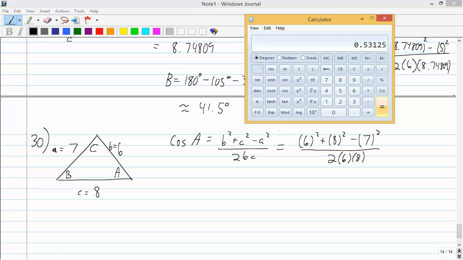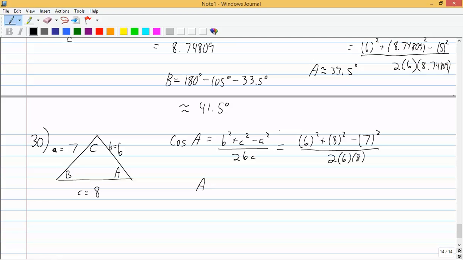And that's what the cosine of A is equal to. So to get the actual angle measure, you say inverse cosine. And if we round that to one place, that's 57.9 degrees. So angle A is about 57.9 degrees.